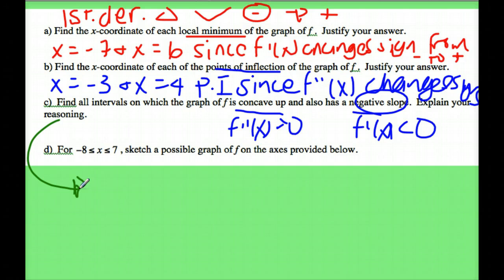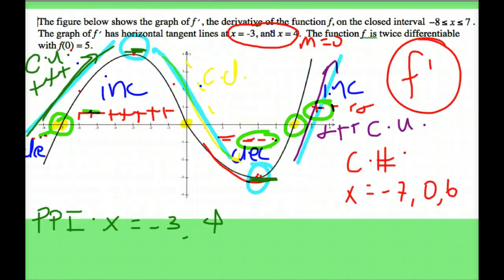So I want concave up and I want a negative slope. So I know concave up happens twice, once over here and once over here. Now I have to find where I have a negative slope. So negative slopes happen twice. The first time it happens is over here. The next time it happens is over here.